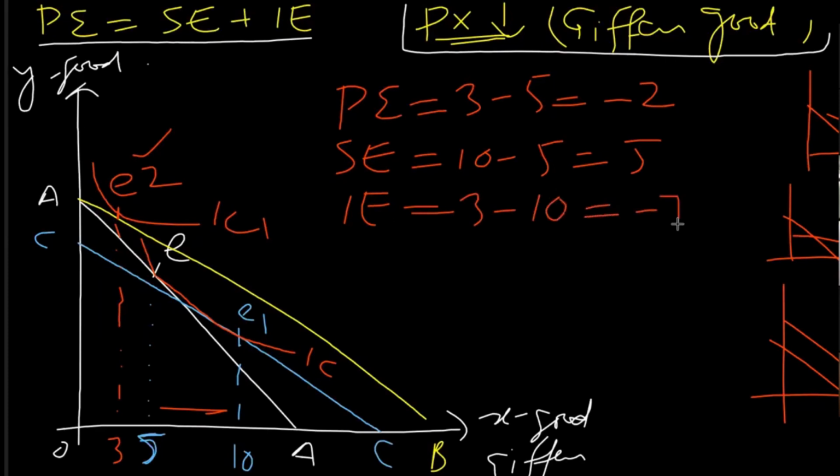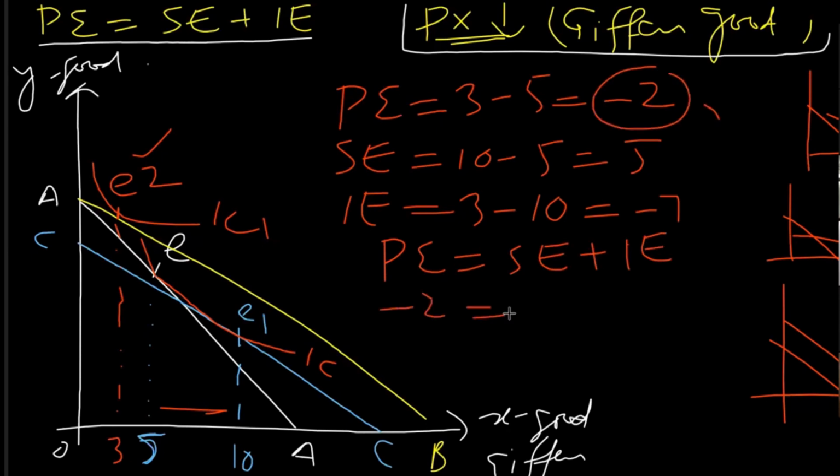So now we will put the values: price effect is equal to substitution effect plus income effect. If we put the value minus 2 in price effect, so this is minus 2, and we will put the value of substitution effect, that is 5, and plus put the value of income effect, that is minus 7.